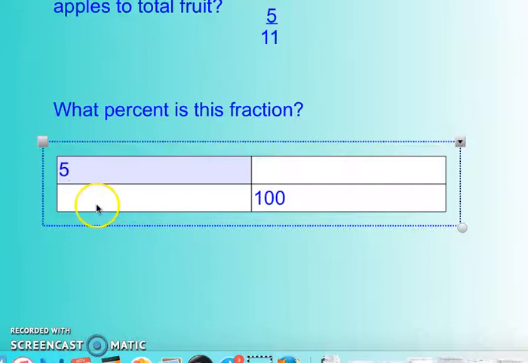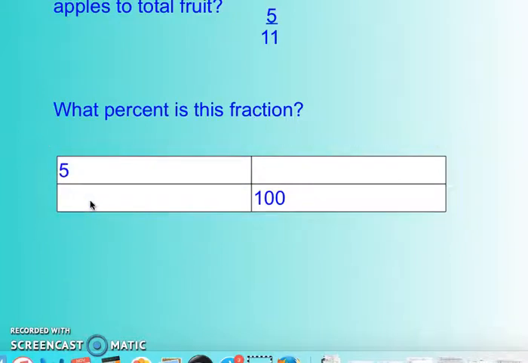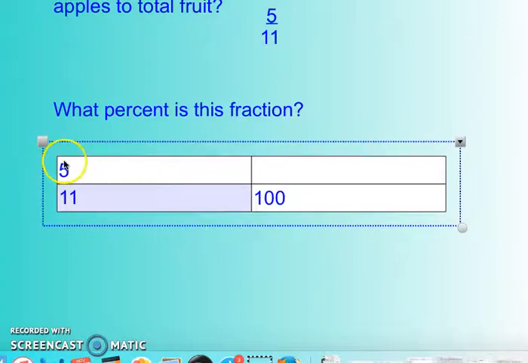The numerator goes on top and the denominator goes on the bottom, because our part goes on top and our whole goes on the bottom. Remember, 11 is our whole, our total number of fruit. And the part was the number of apples.